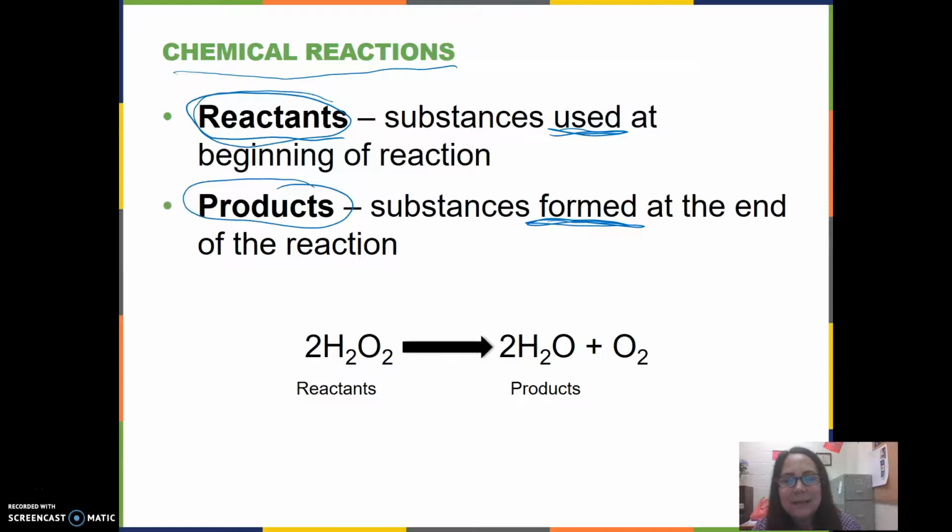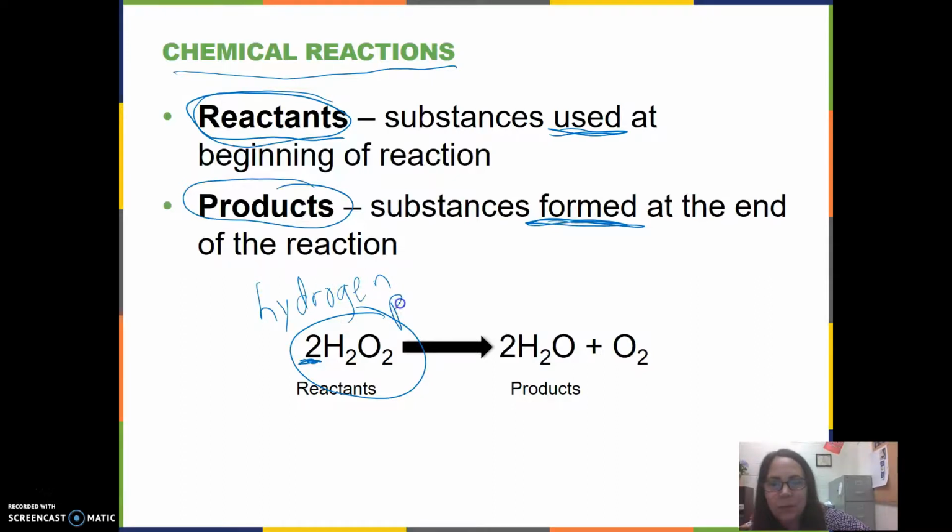So this is an example of a chemical reaction where a larger chemical breaks down. This larger chemical, H2O2, or actually two molecules of H2O2, is hydrogen peroxide. You probably have this in your medicine cabinet. And if it has been sitting there for a while, it's really not hydrogen peroxide anymore.